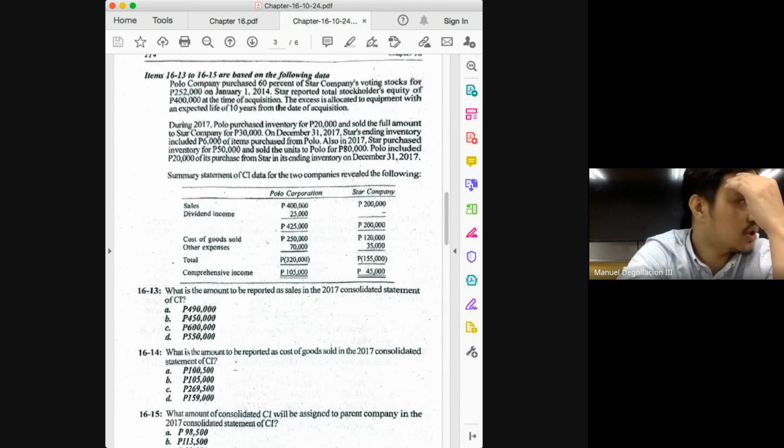So 600 minus 110, that will already be your consolidated sales, or the amount of sales that will appear in the consolidated statement of comprehensive income. So the answer there is simply alpha. Next, letter number 14. What's the question? Consolidated cost of goods sold.